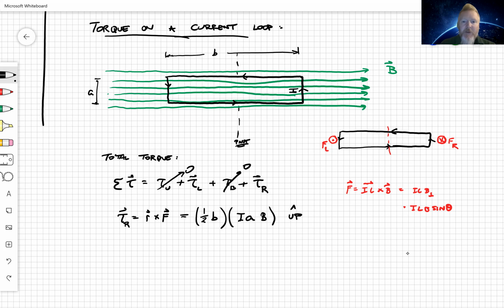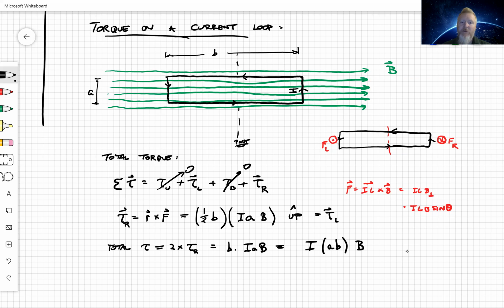So the total torque is equal to the torque on the left plus the torque on the right, so if I add the two, I'm just going to multiply that by 2. Which is just B times I a capital B. And I'm going to rewrite that in a slightly more suggestive manner, as I times the product a b times B, like that.